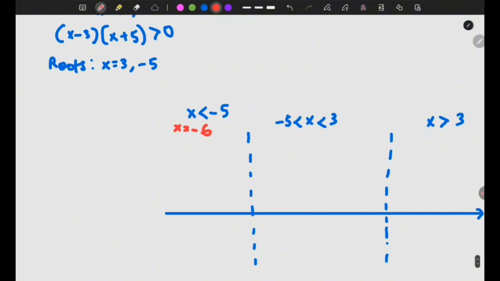What are you getting? Negative 6 minus 3, negative 9. And negative 6 plus 5 is negative 1. So negative, negative, positive, and you get 9, right? So 9 more than 0, which is correct. And you get a positive answer.